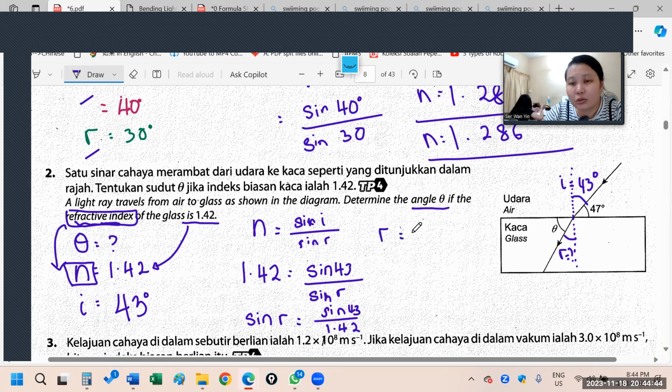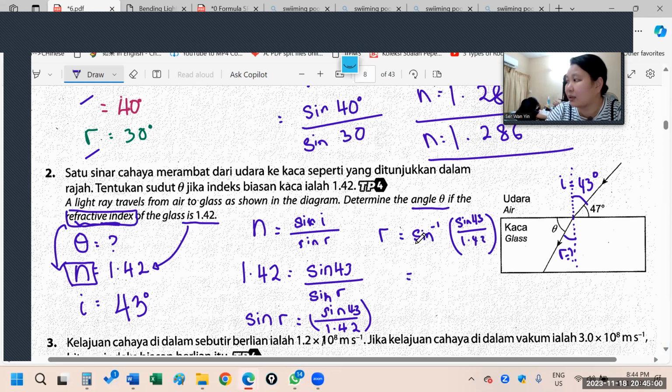So R equals shift sine of all of this: solve the bracket first, sine 43 divided by 1.42, then shift sine the answer. So R equals 28.7037 degrees.